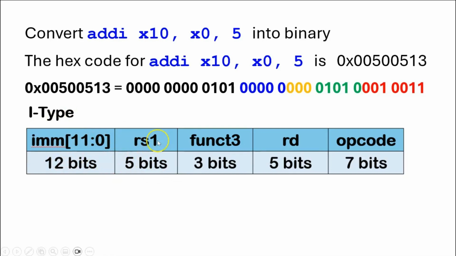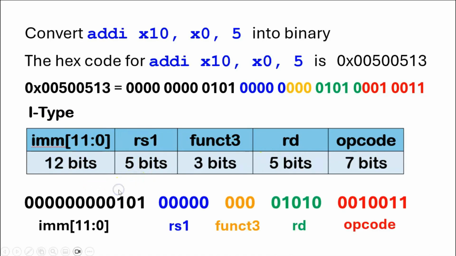All right, the immediate, RS1, func3, RD, opcode. Now if we then move this hex code down here and split the digits according to the format, this represents the immediate. The blue one here represents the RS1. These 3 bits here are the func3. RD, which is 5 bits, is represented by these green bits here. And then finally the opcode. All right, so that is the I-type instruction.